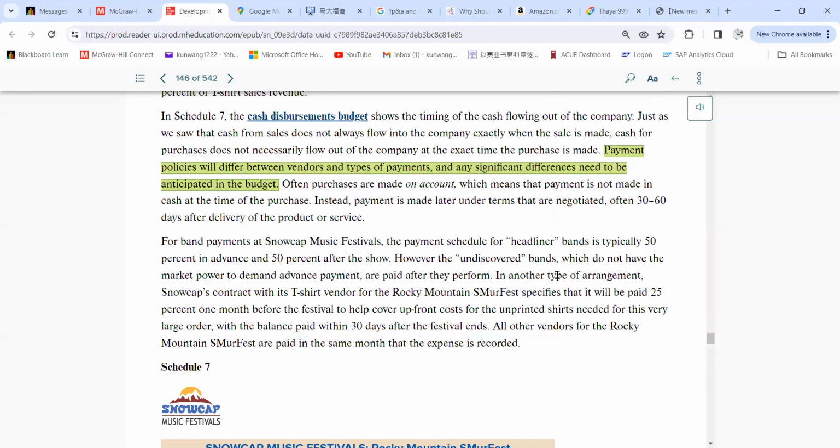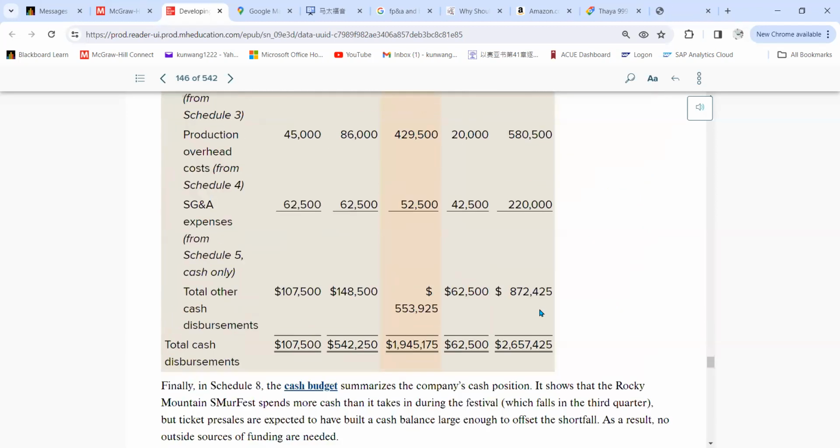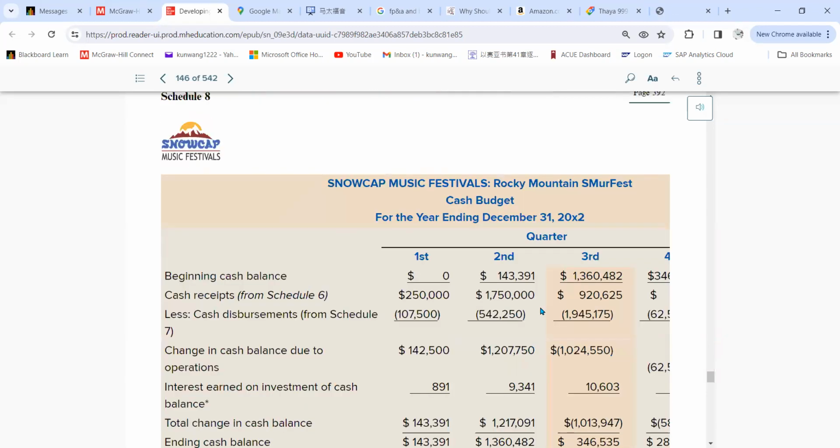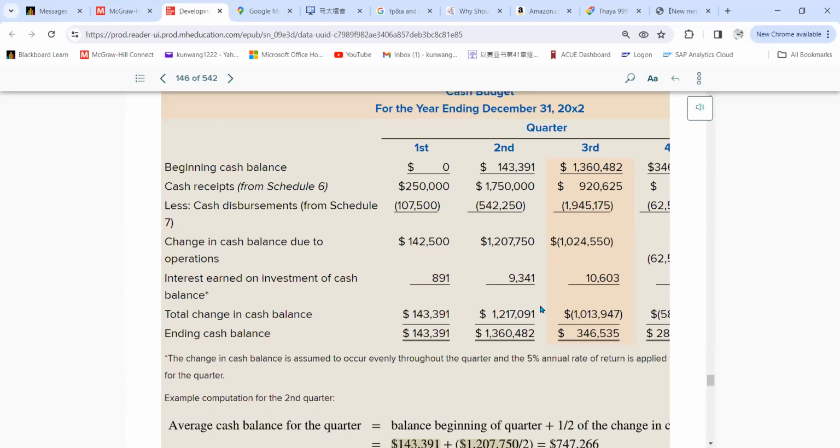And you have your total cash receipts. Now we bring them together to see our overall cash sufficiency picture for the whole budgeting period. Each quarter we're starting from zero, so making a balance sheet is really irrelevant in this case.